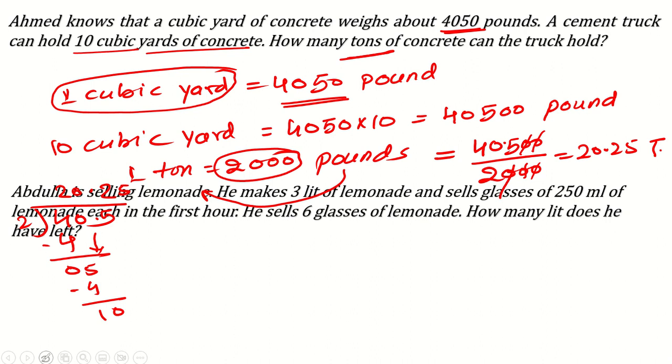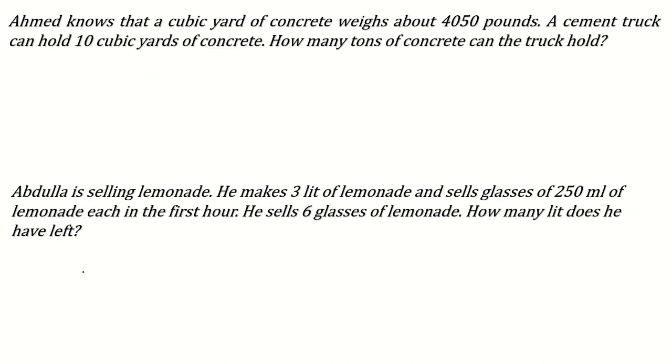Now next question can be, Abdullah is selling lemonade. He makes 3 liters of lemonade and sells glasses of 250 ml of lemonade each. In the first hour, he sells 6 glasses of lemonade. See, in total how much does he have? 3 liters. In one glass, he is selling 250 ml.